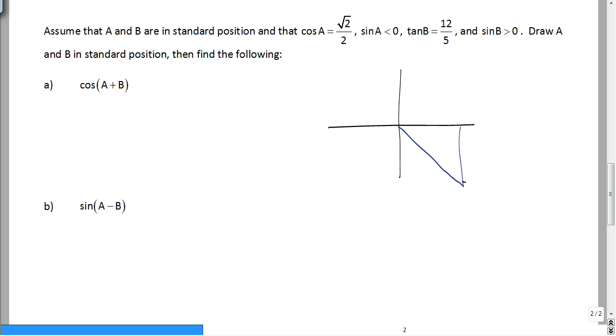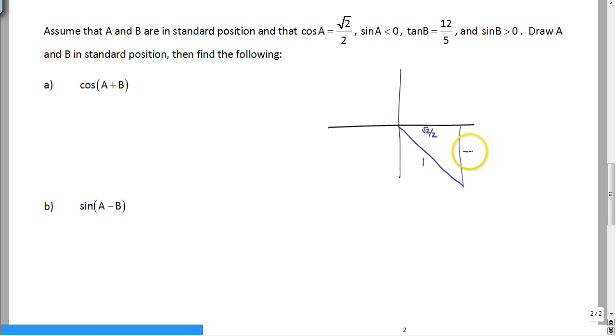And it says that the cosine has a value of the square root of 2 over 2. So cosine is x, so that's the square root of 2 over 2. And that's going to make this 1. So then all we have to do is use a little bit of either 45, 45, 90, or you could actually use the Pythagorean theorem if you want to find the missing side.